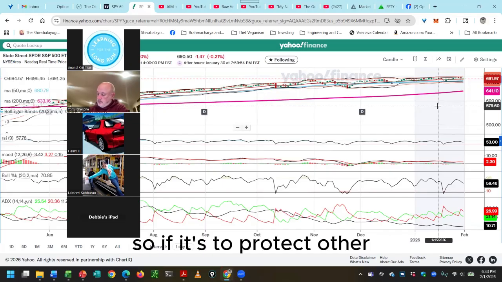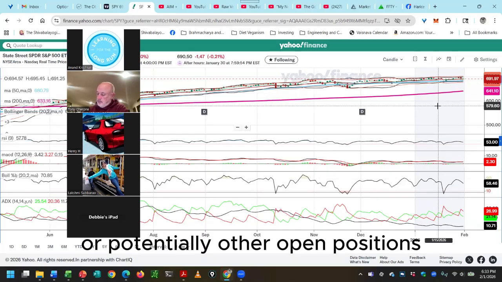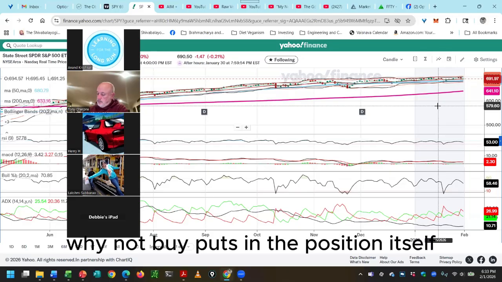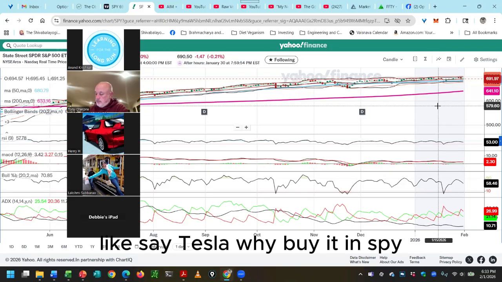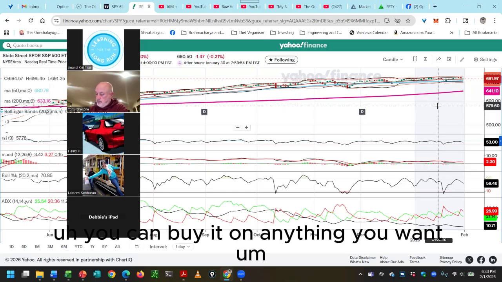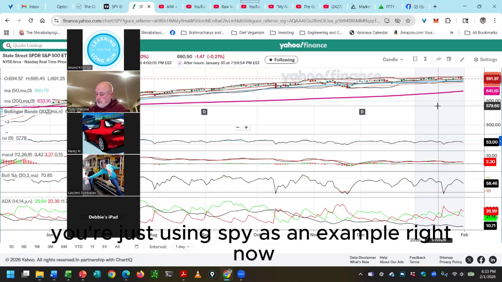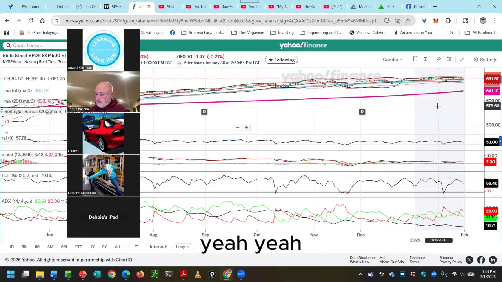If it's to protect other open positions, why not buy puts on the position itself? Like say Tesla, why buy it on SPY?